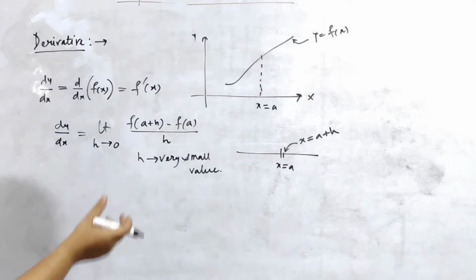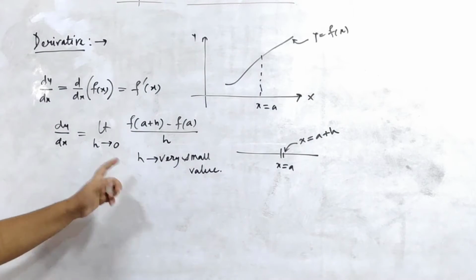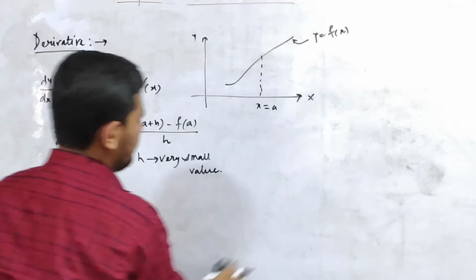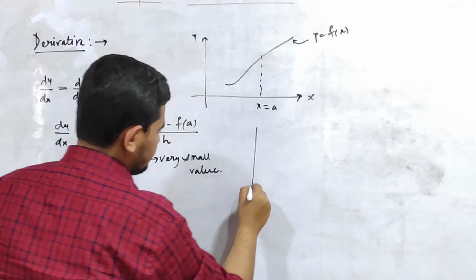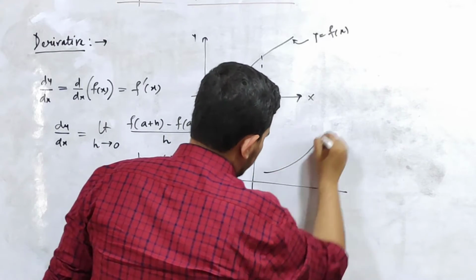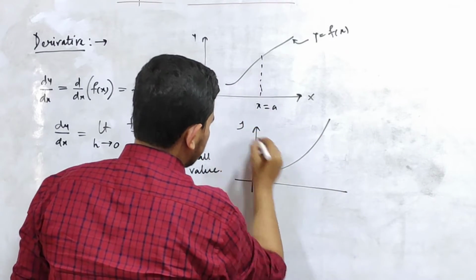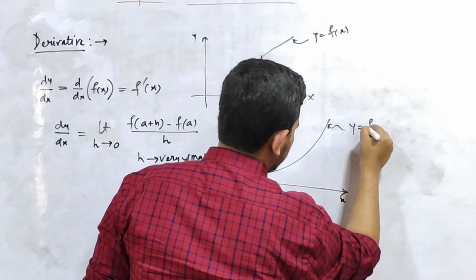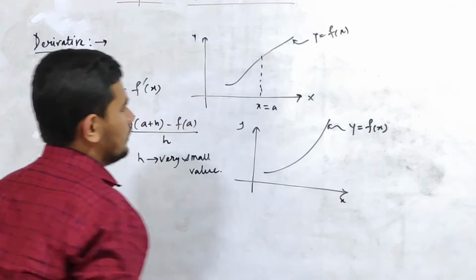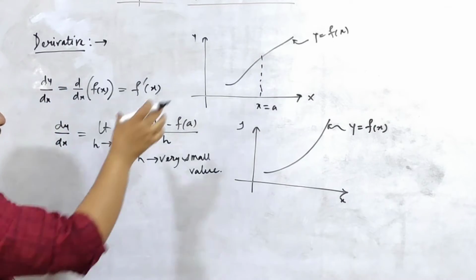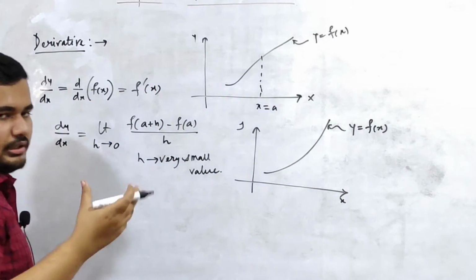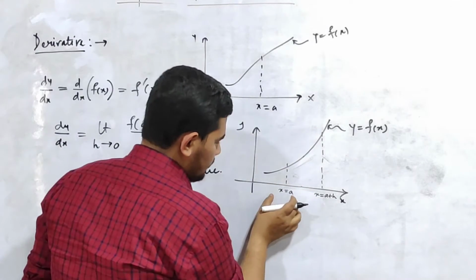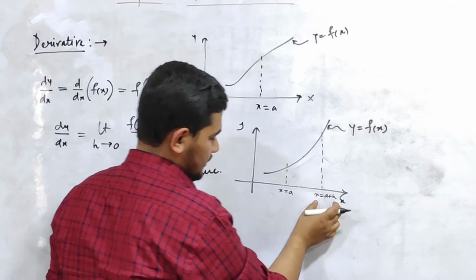What is the basic physical or geometrical meaning of this expression? To understand it, let's suppose this is any arbitrary function. Here I am going to enlarge this view so that you can clearly see what I am writing. These two are x equal to a and x equal to a plus h.